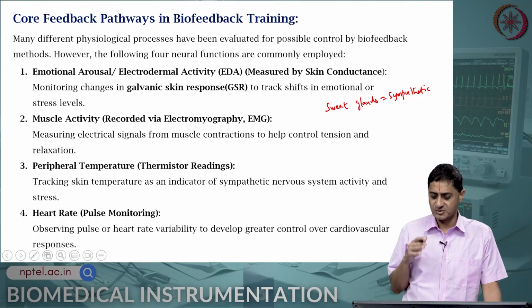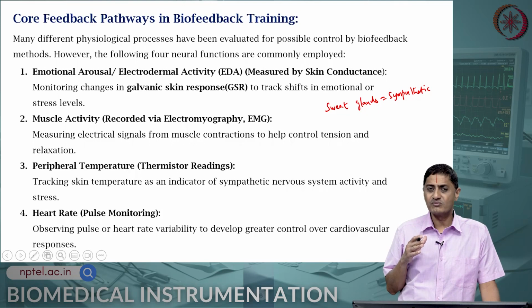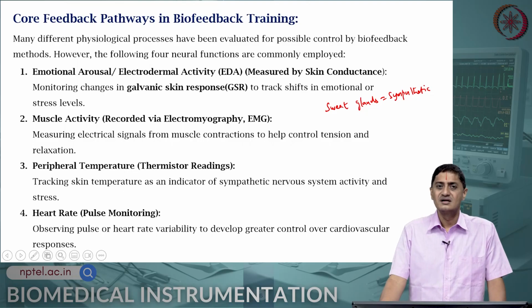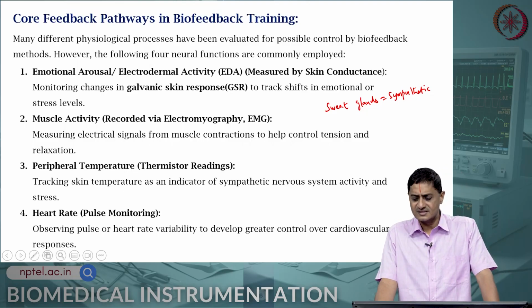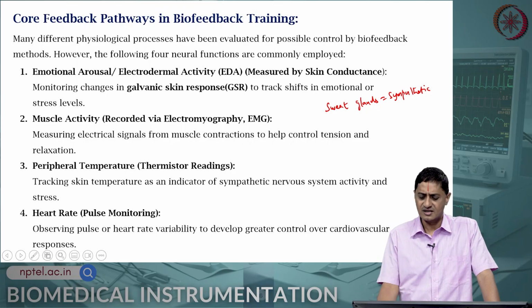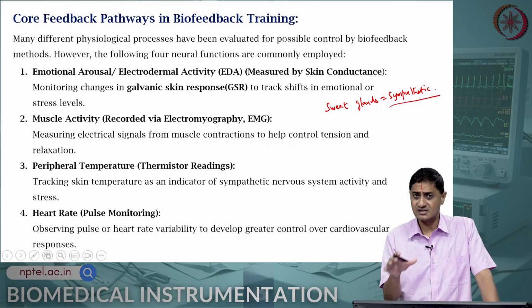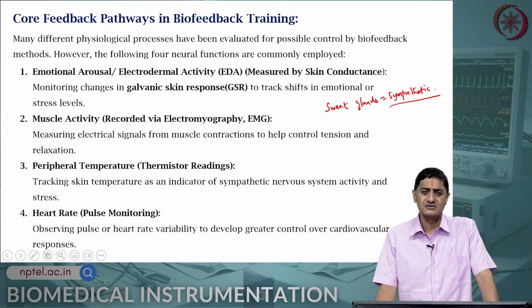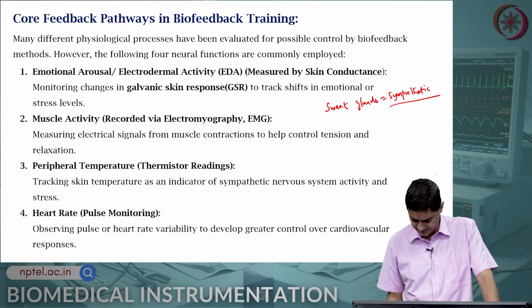Whatever amount of sweat is produced is essentially a reflection of the sympathetic system activity level, without balance of the parasympathetic. So, this is a unique method through which you could capture or pick up the activation level of the sympathetic system. Right.